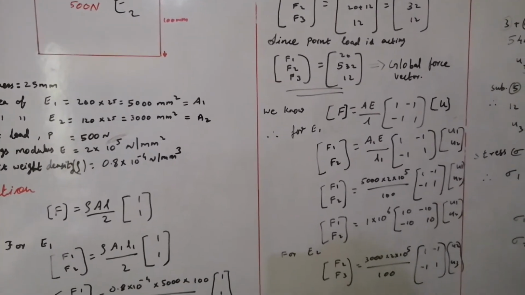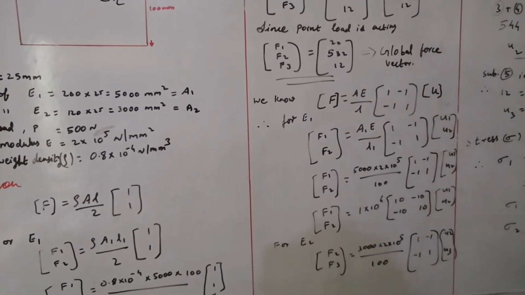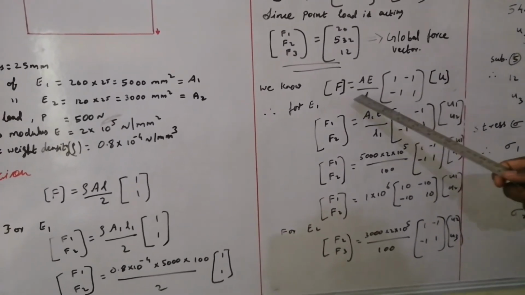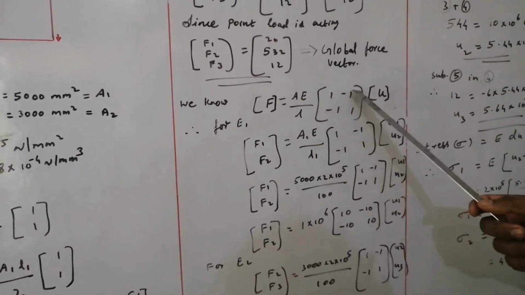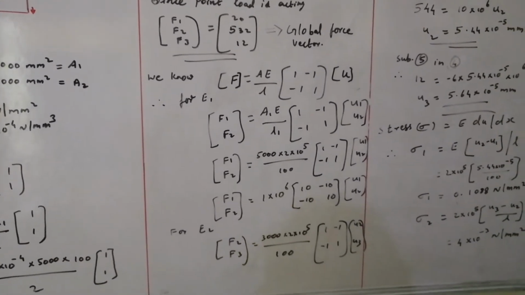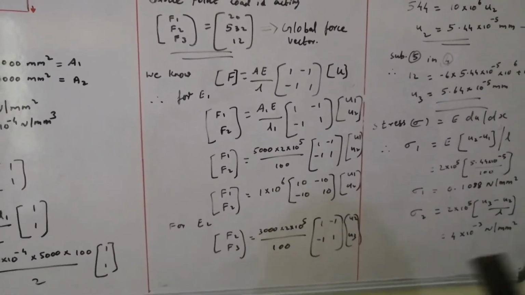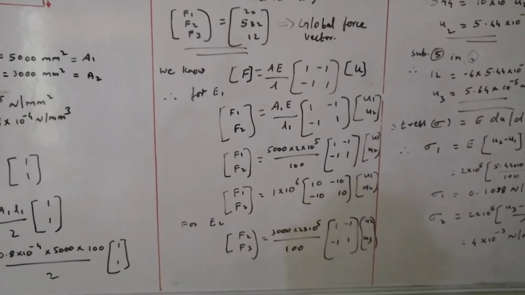That is why we go through these steps to get the global force vector. And we know that the force vector F equals AE by L, [1 -1; -1 1], into displacement U. So similar steps as you did in the previous assignment.